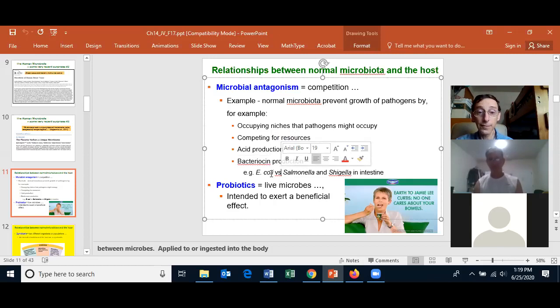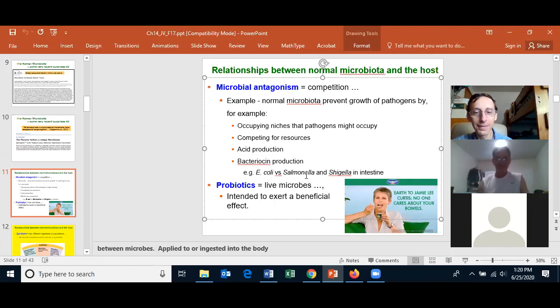So the bacteriocin from E. coli only knocks down Salmonella and Shigella. It wouldn't knock down another species, like a Bacillus species of bacteria. I was trying to think of another bacillus we have in our gut besides E. coli, and I can't remember one.